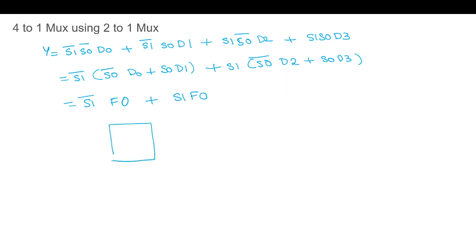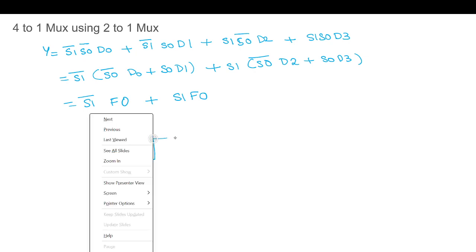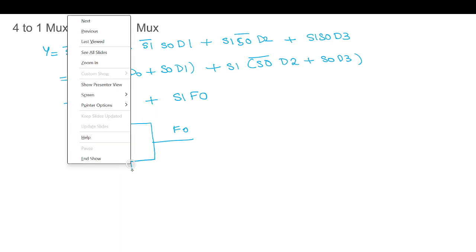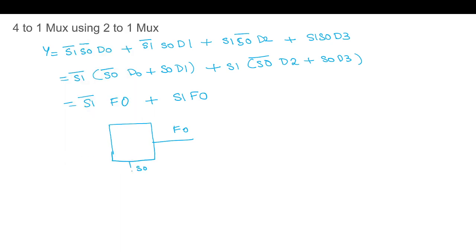So if I have a 2:1 multiplexer generating F0, what does it need as a select line? S0 is the select line, and the inputs are D0, D1. The second multiplexer, which is generating F1, has the select line S0 and inputs D2, D3.